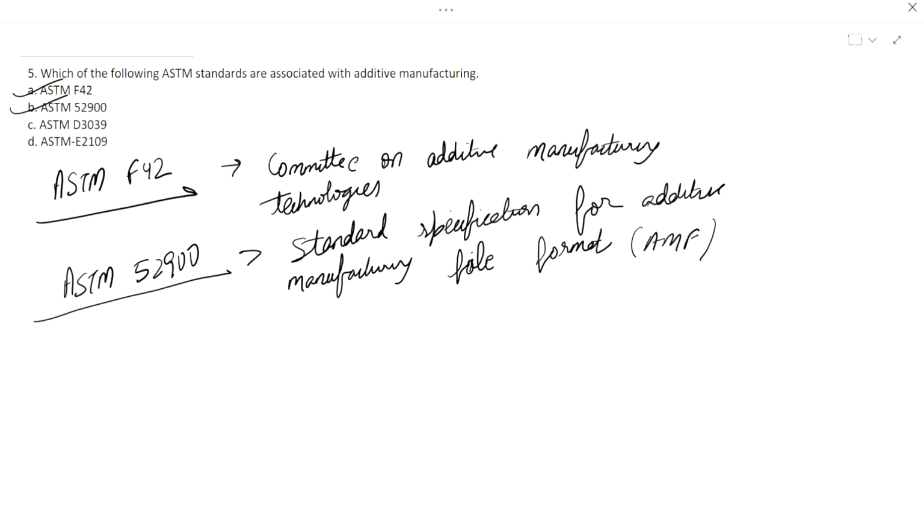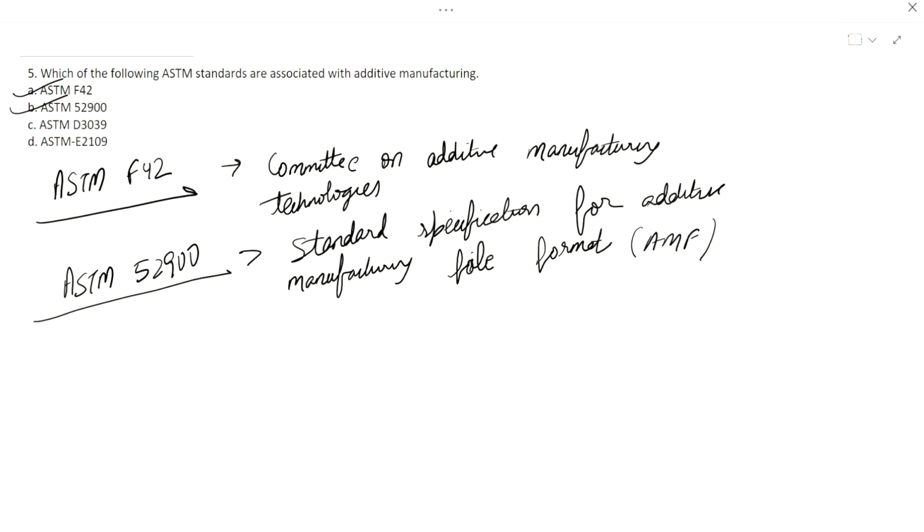AMF is an XML-based open standard that provides a method to describe the geometry and color of objects for additive manufacturing. It allows storing both geometry and material information in a single file, so it is efficient for 3D printing. ASTM F42, the committee on additive manufacturing technology, is responsible for developing standards related to additive manufacturing processes, materials and applications.